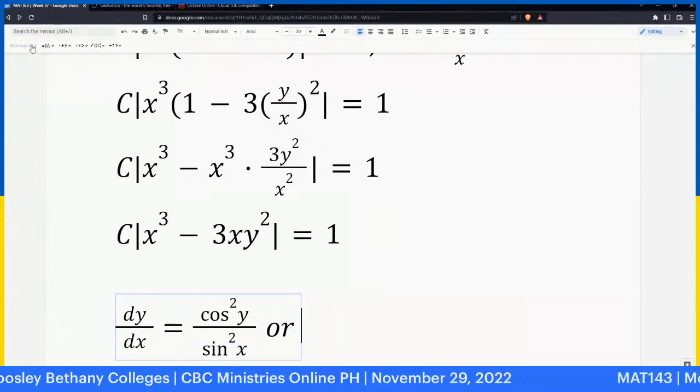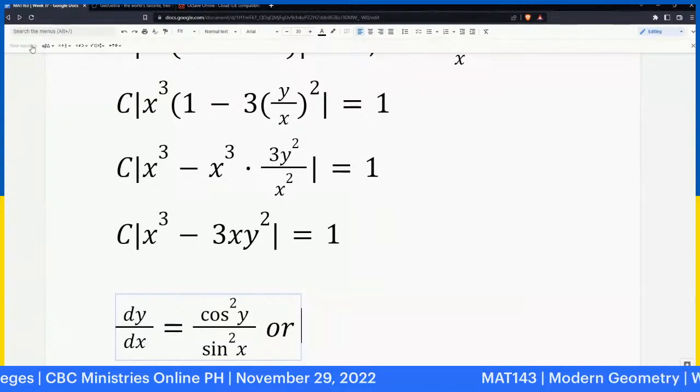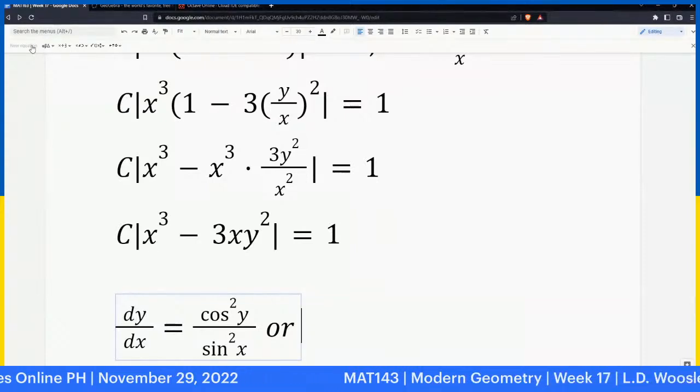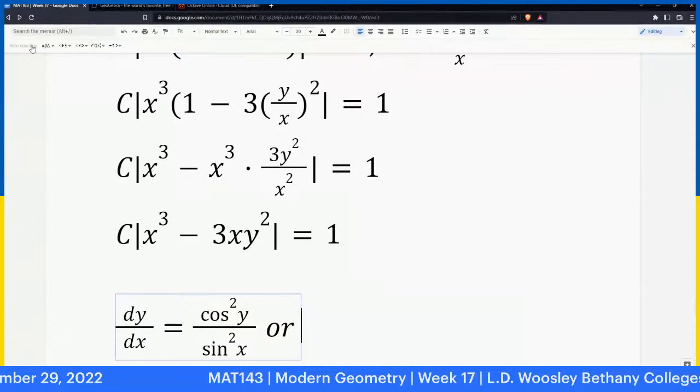Oh, i-transpose mo. Group all the y's to the left, group all the x to the right. Ganun siya.